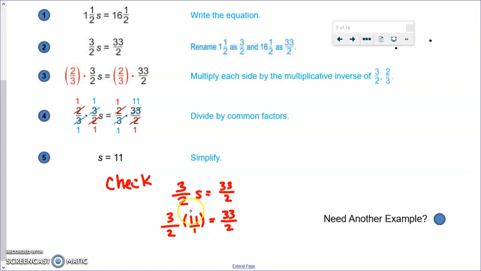I can't cross-reduce, so I'm just going to multiply across the top. 3 times 11 gives me 33. Multiply across the bottom. 2 times 1 gives me 2. And 33 over 2 equals 33 over 2. So we know our solution of s equals 11 was correct.